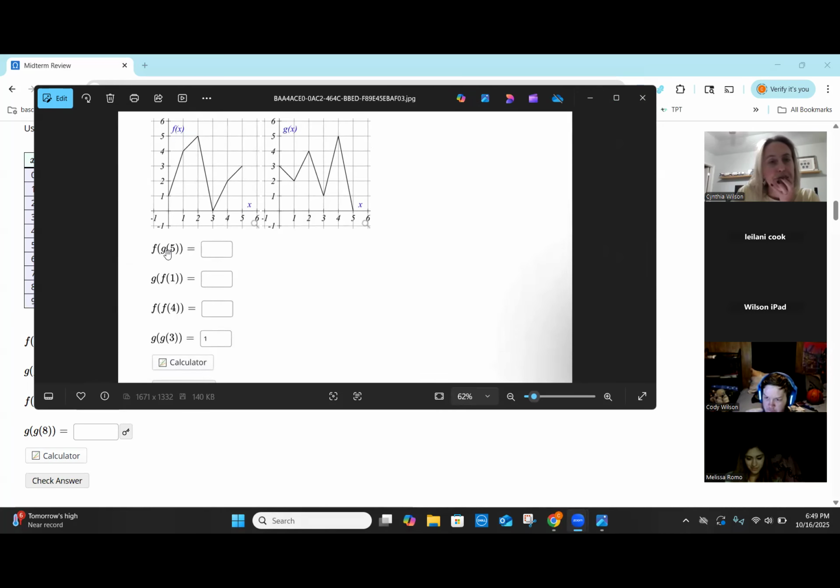So g of 5, the graph for g is on this right side. I'm going to find g of 5, which is 0. So then I want to find f of 0, which is over here, and that is 1. So f of g of 5 is 1. So you use the graphs to find the y values and then plug them back in. But the table and the graphs, it's the same exact idea.